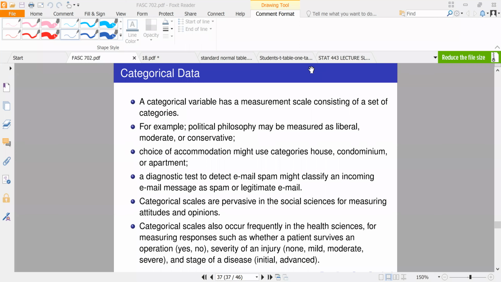You are either male or female. There's nothing in between. You are either male or female, healthy or sick, happy or sad, small, medium, or large, things like those. Those are the kind of categorical data we are talking about.